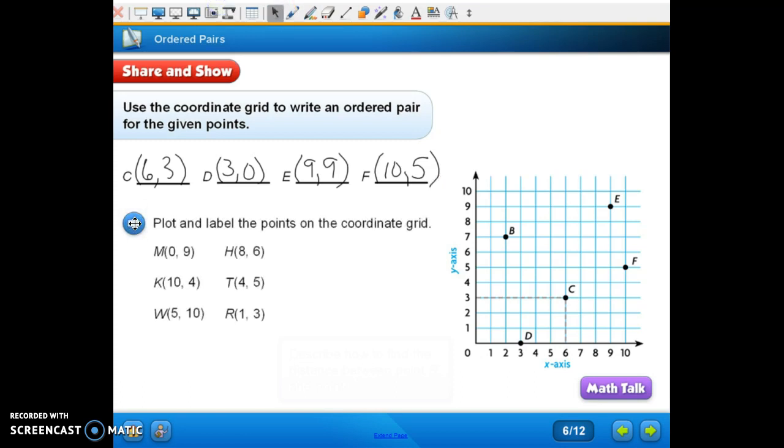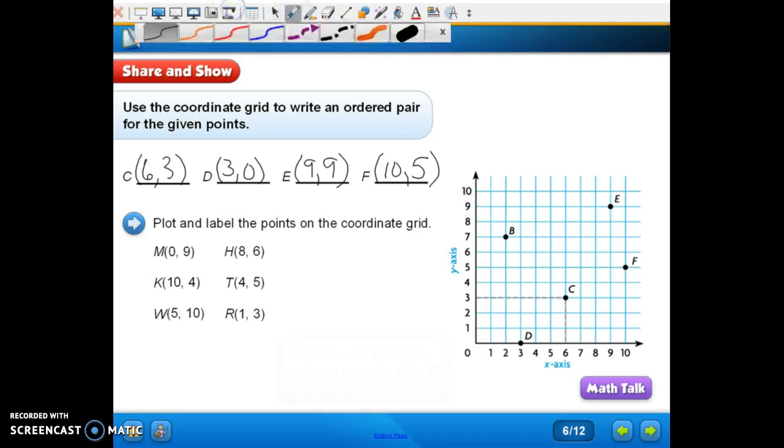Okay? Now it says plot and label the points on the coordinate grid. So M. Brayden, what am I going to do first for M? Go up 9, because we're not moving on the x-axis, so we're just going to go up to 9.